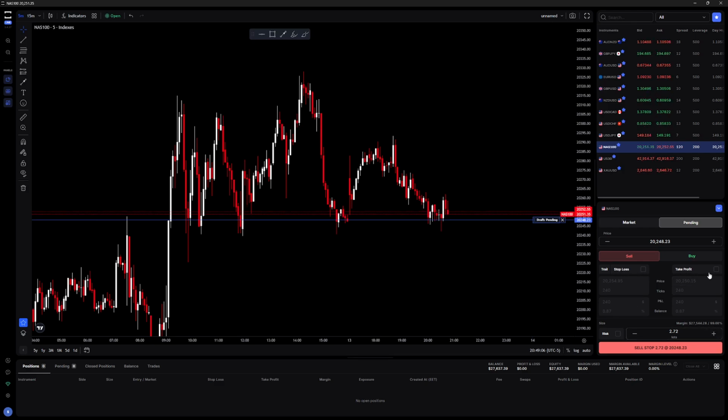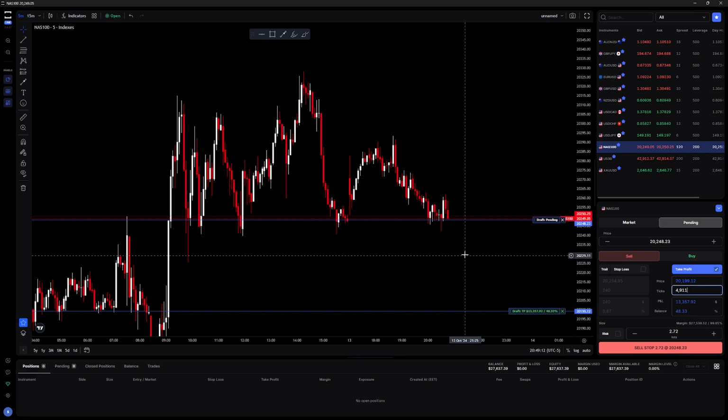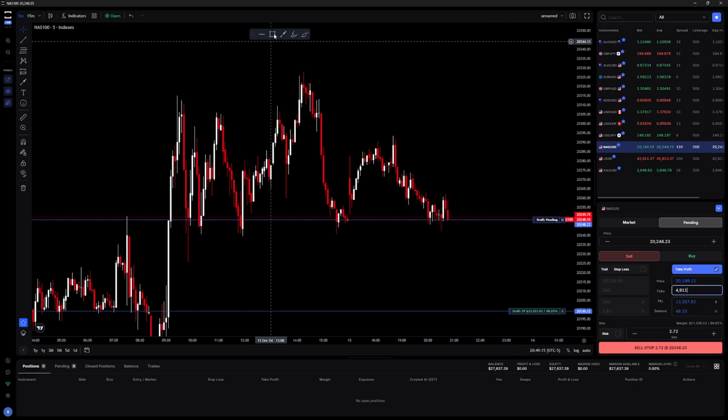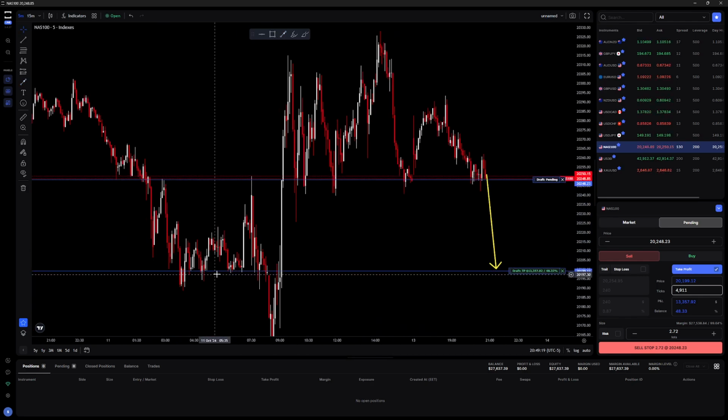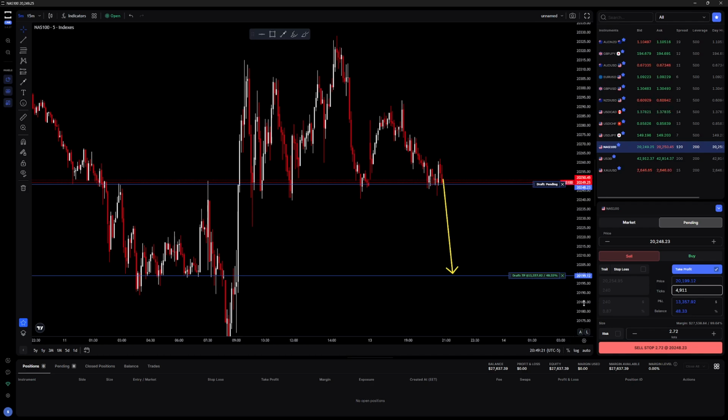If I sell it, and let's say I'm looking to make 49, 50 points at least, and it comes down to the lows, I can make $13,350, because I'm able to take a bigger position size, excuse me.